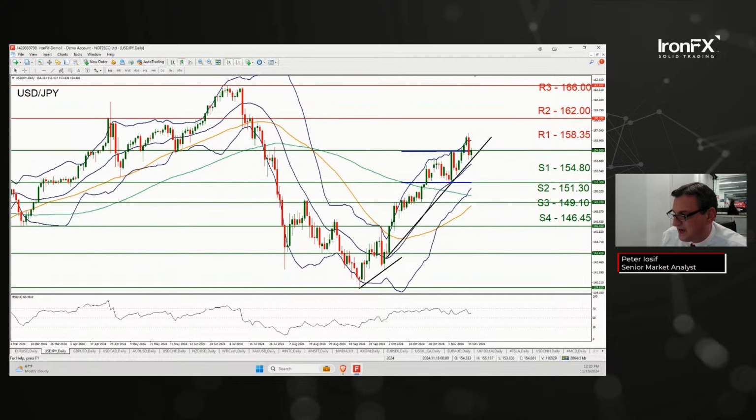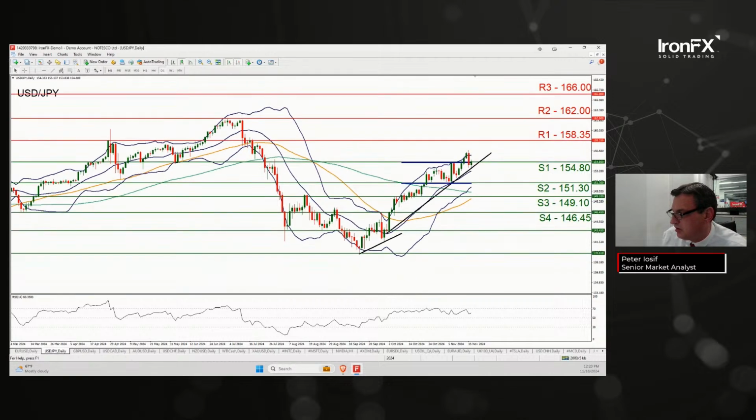It's characteristic how the pair's movement during today's Asian session bounced on the pre-mentioned upward trend line and is now again above the 154.80. So in my opinion, the pair's movement on Friday and today tends to confirm the validity of the pre-mentioned upward trend line.